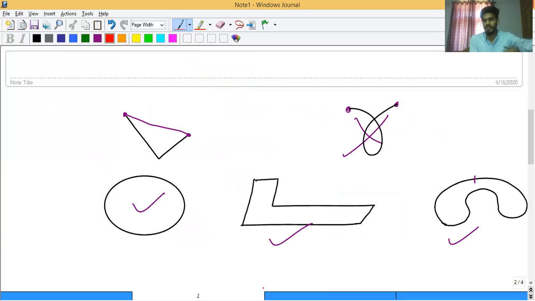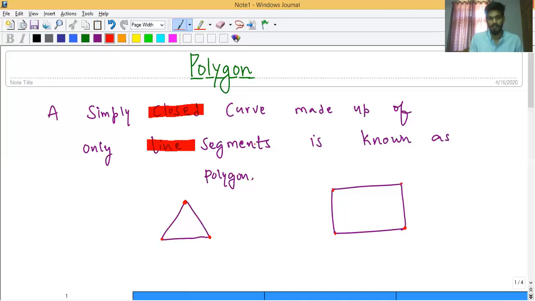Now let's talk about types of polygon. When we talk about types of polygon, okay, then we have concave polygon and convex polygon. Okay, but before that, one important term you need to understand, which we call diagonal. What exactly is diagonal? When you join any two non-consecutive vertices of a polygon.